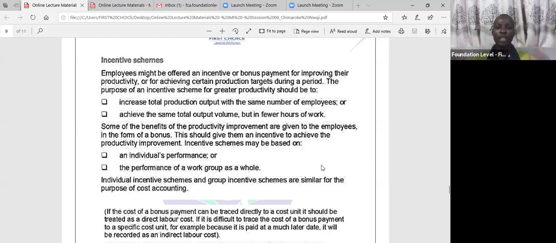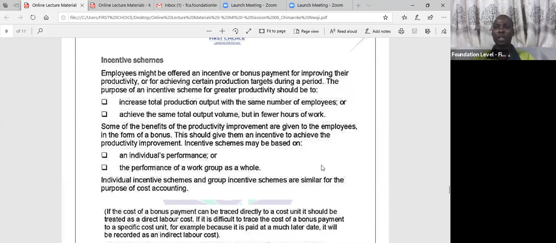The purpose of this is to achieve greater productivity so that it will either increase total production output with the same number of employees, or you achieve the same total output but working fewer hours.